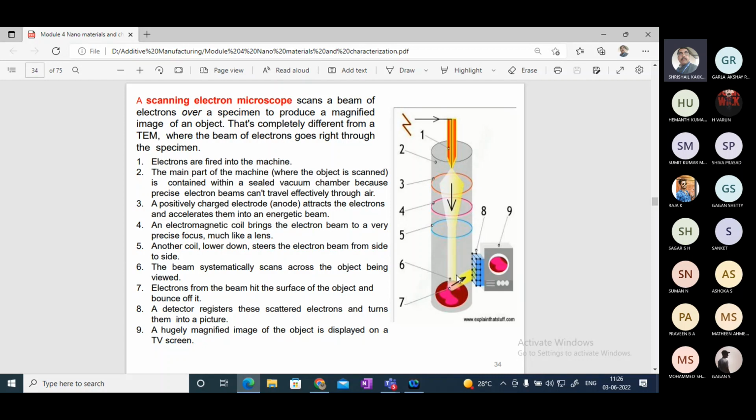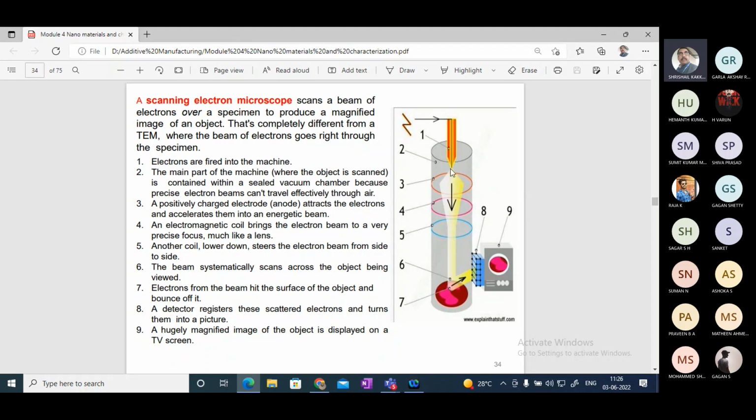Okay. And what is this? Six indicates a systematic beam which will be falling onto this specimen after it has gone through the magnetic coil and the lenses. What happens? You can see in the beginning, the electrons will be scattered.